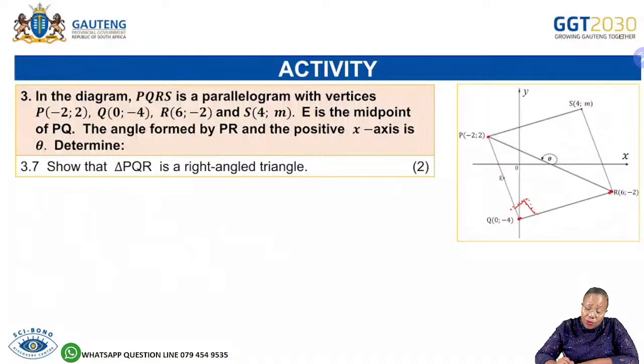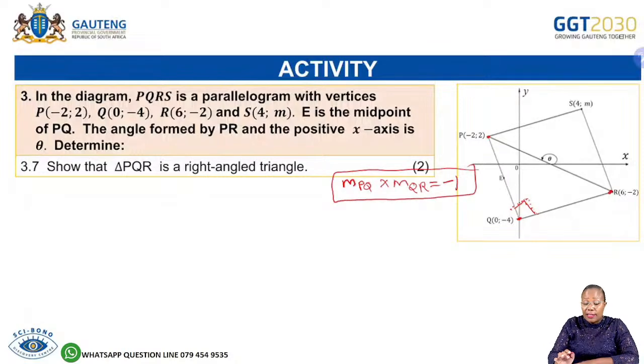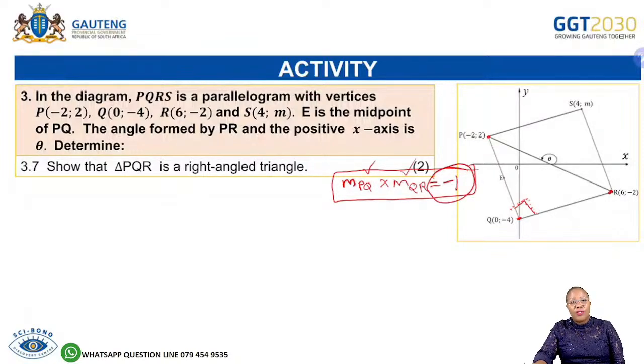To be perpendicular, that means the gradient of the two, the m of PQ, when you multiply it with the m of QR, they must give you a -1. If that is the case, therefore, this is 90 degrees. So we need to prove that the product of this will give us -1. We do not conclude that initially, grade 12. You need to show us that it is true that the product of the gradients is -1.